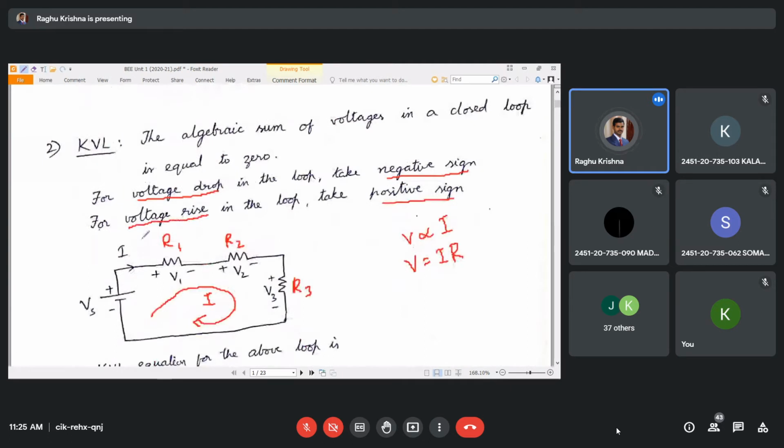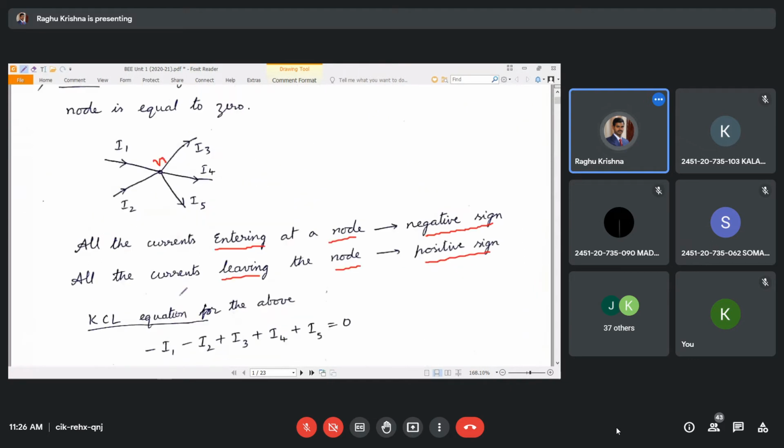Next, KVL. In KVL, voltage drop is taken as negative, voltage rise is taken as positive. If there is a voltage drop, take negative sign. If there is a voltage rise, take positive sign. But for currents, if the currents are entering the node, take negative sign.